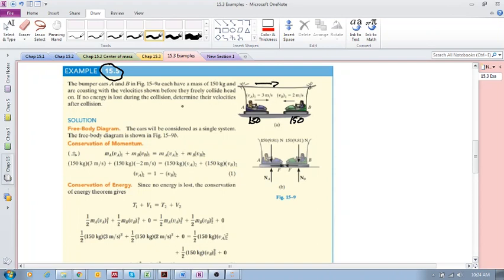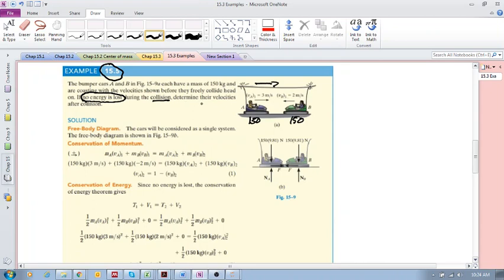The question is, if no energy is lost, that's quite an important statement, if no energy is lost during the collision, determine their velocities after collision. So we've got the mass of each, their initial velocities, and no energy is lost.